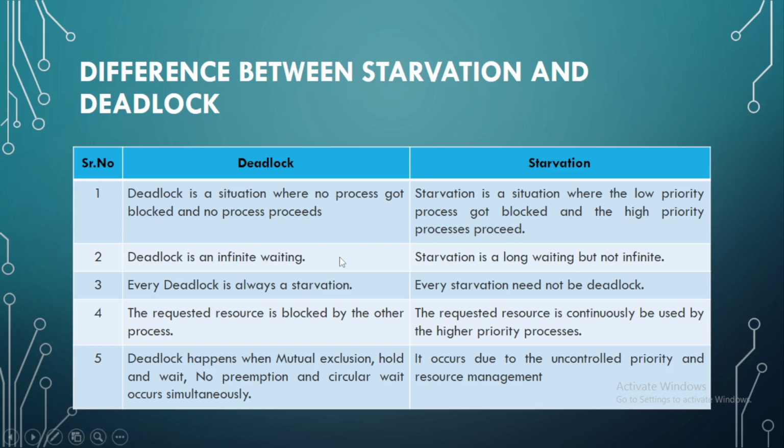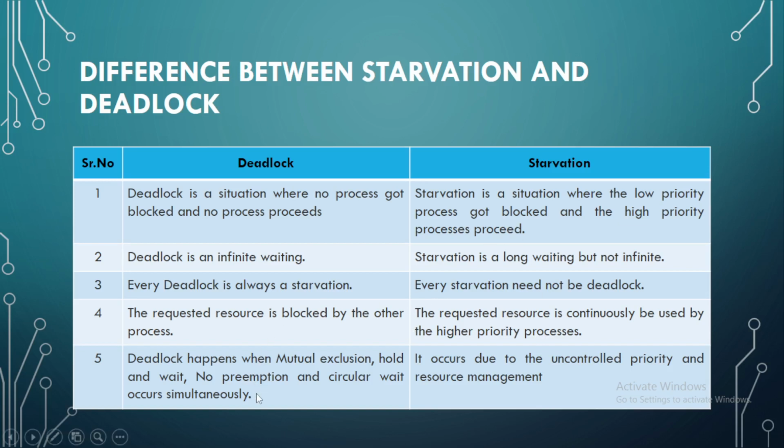Deadlock is an infinite waiting, whereas starvation is a long waiting but not infinite. Every deadlock is always a starvation, but every starvation need not be a deadlock. The requested resources are blocked by other processes in deadlock, and the requested resources are continuously used by the higher priority processes in starvation.